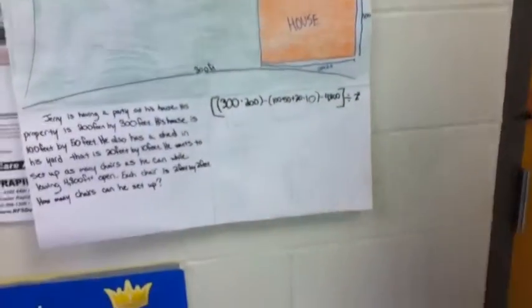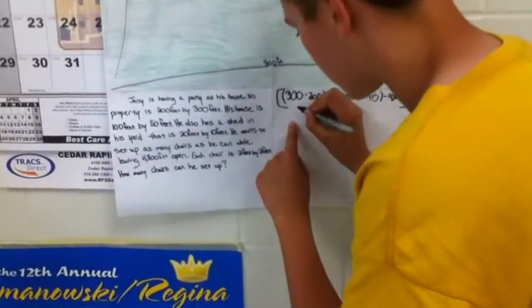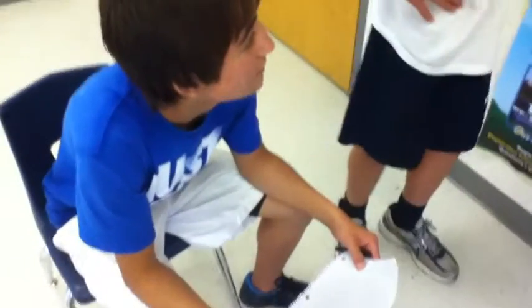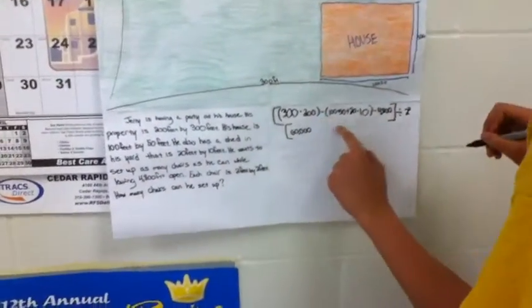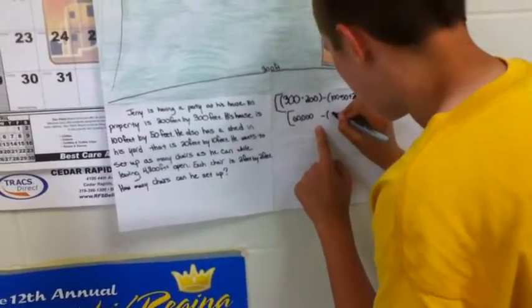2 by 2. So then down here, what would be our... So 300 by 200 is what? That would be 60,000. Good. And then you subtract by 100 times 50, and what is that? That's 5,000. Nice.